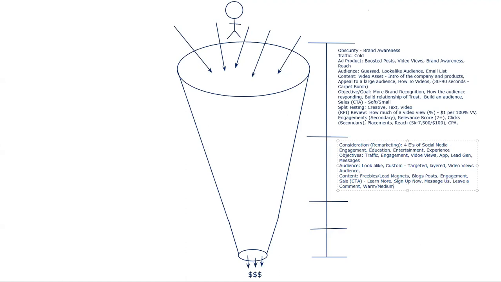Any other questions on this? So then what are the KPIs here? Cost per download. Yep. Right. Now, what do we know about the reach with a consideration campaign?